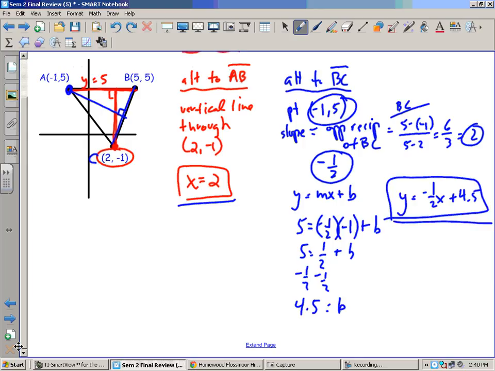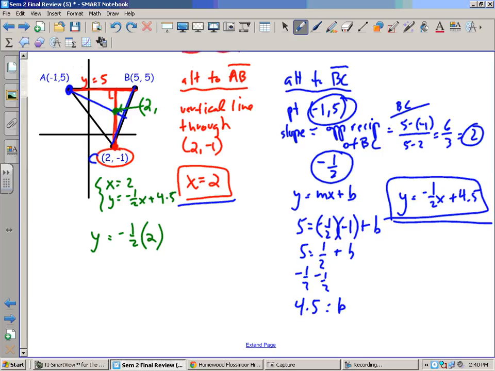Well, now it's kind of nice because I've got 2 equations where I have to figure out where they intersect. I already know the x coordinate of the altitude, and where the altitudes meet must be, because I'm looking for the orthocenter, 2 something, because x is always 2. So basically I'm trying to solve a system where x equals 2 and y equals -1/2 x plus 4.5.